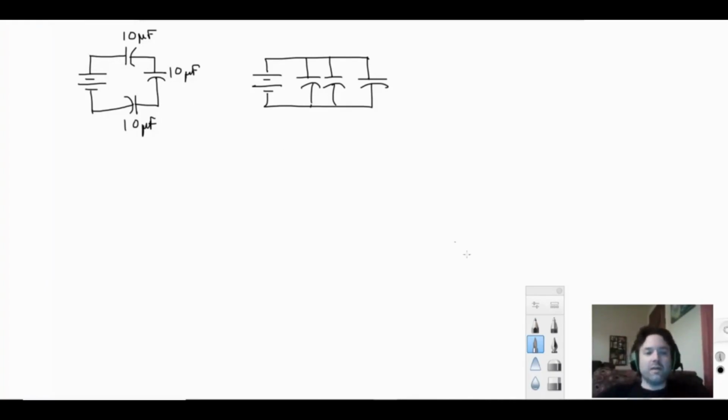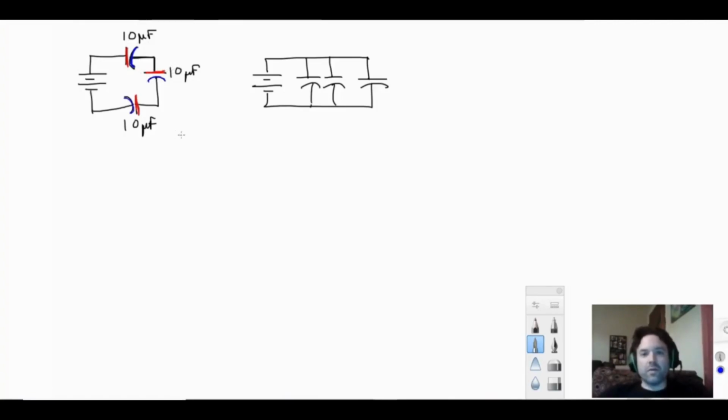What we get is, if this piece right here is overall neutral, then the total charge on each of these plates, I'm going to go ahead and make this one positive, and this positive, and this positive. I'll use blue for negative here. Negative, negative, negative. This negative and this positive have to be the same, because this is just a dead piece of wire that just happens to be connected to capacitors, right?